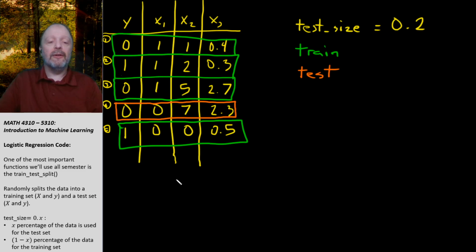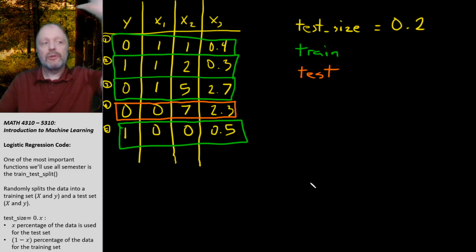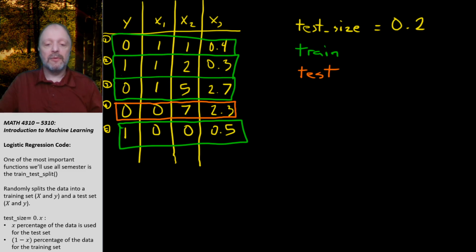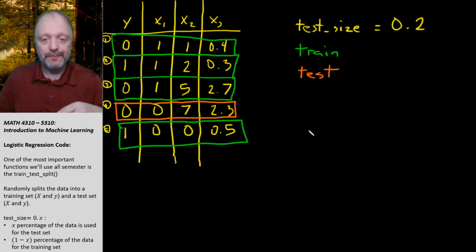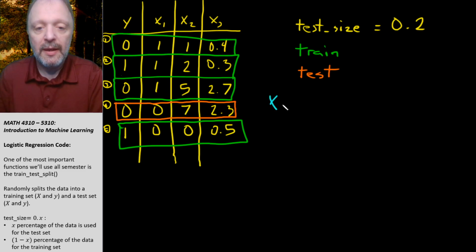Alrighty, now when it does the split, it's going to sort those results into 4 variables. The 4 variables that we're going to be looking at are X train and X test.